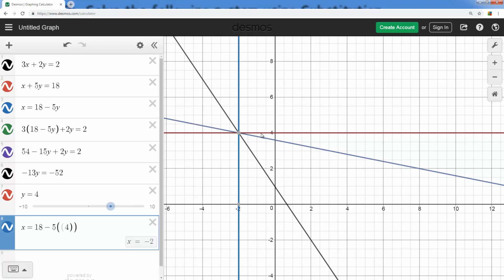And so, of course, all those lines still go through the same point. This is really just showing us the solution for x. X is negative 2, and y equals 4 is the horizontal one there. So those two lines really represent the solution, because the equations for each of those are the values for x and y. So that's what it looks like graphically as you do the substitution. And that's the end of the tutorial.